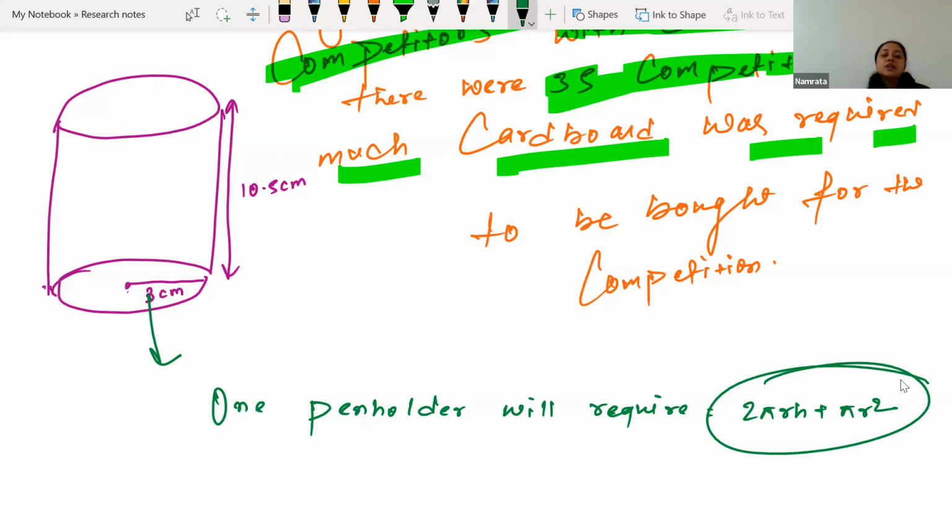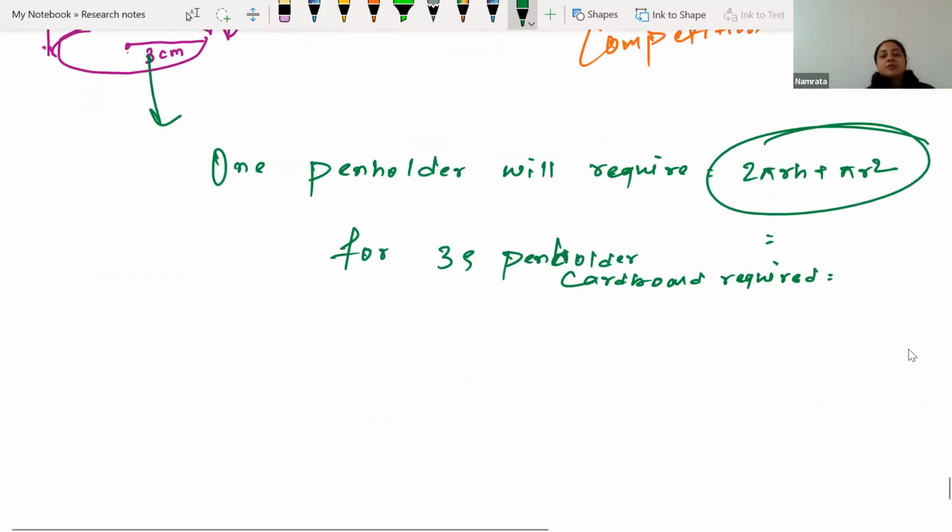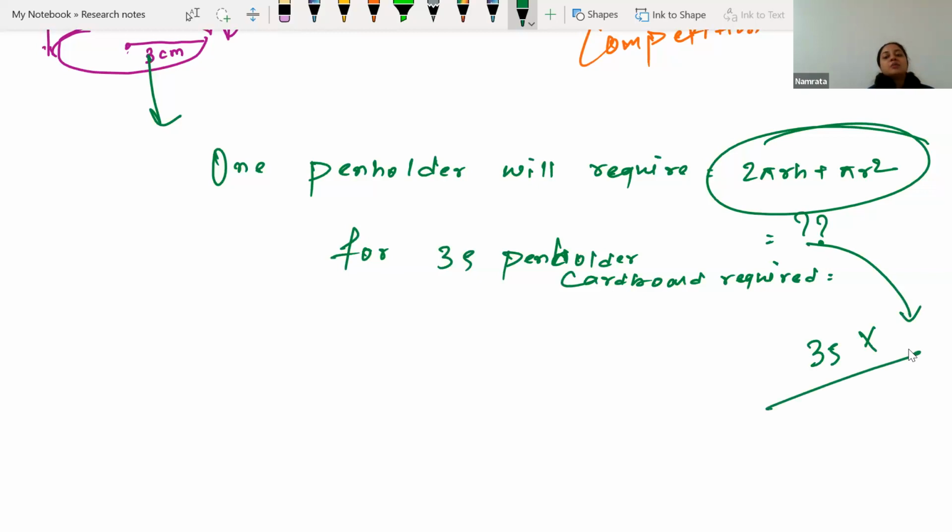We need to find it for 35 pen holders. The cardboard required will be whatever you have got from this calculation, multiplied with 35. That will be the total cardboard the school, the Vidyalaya, will bring from the market.